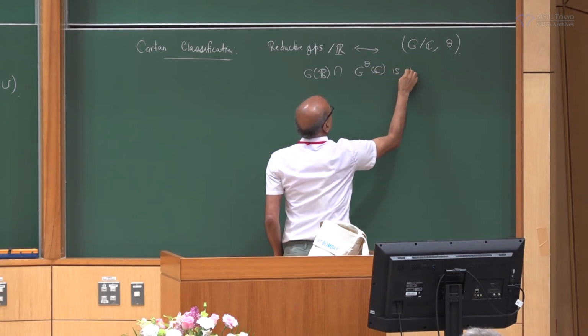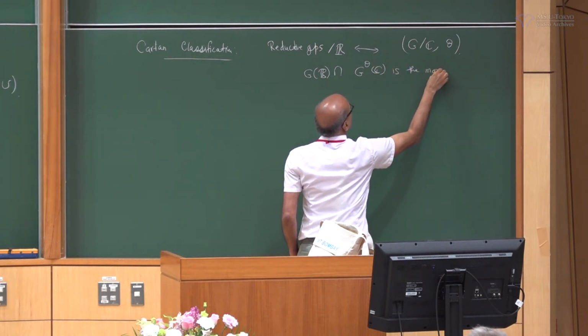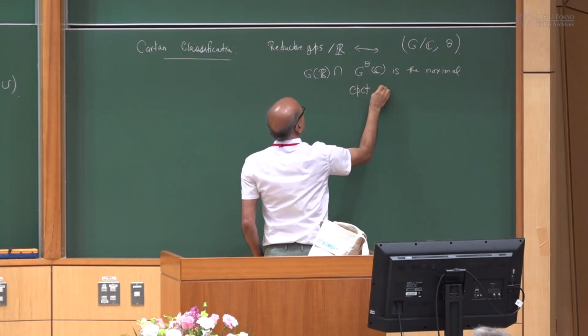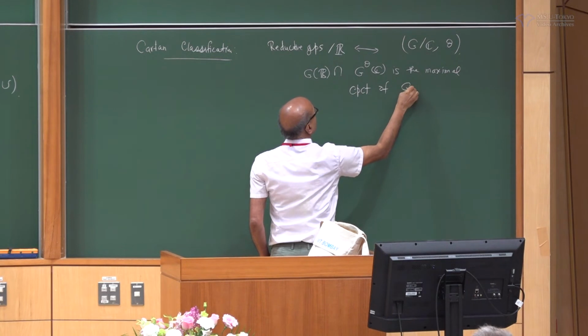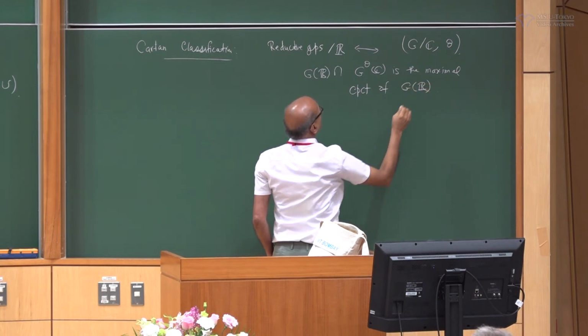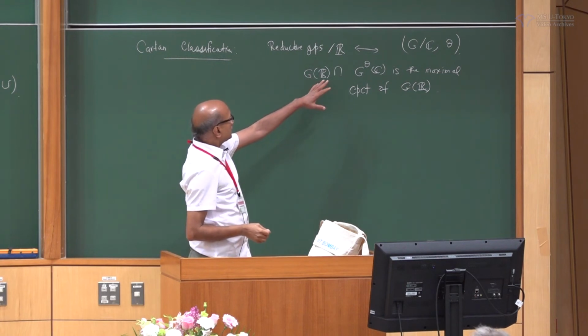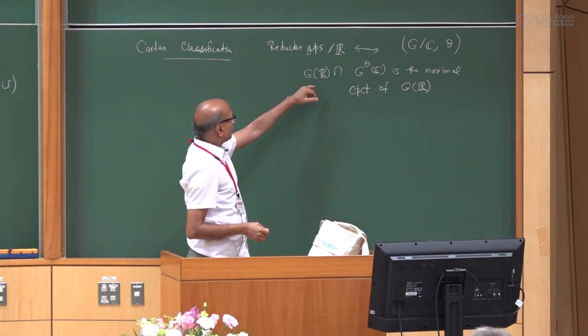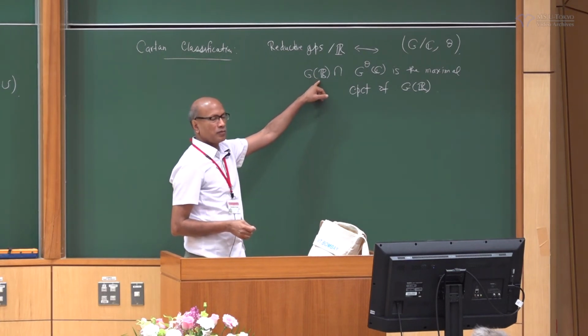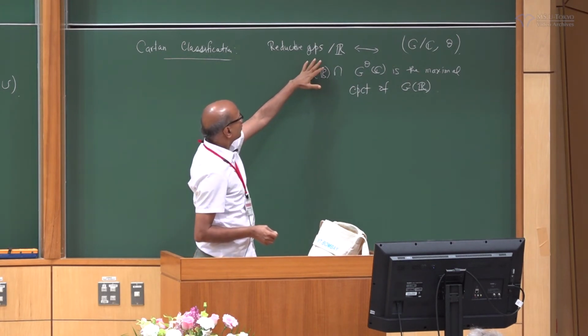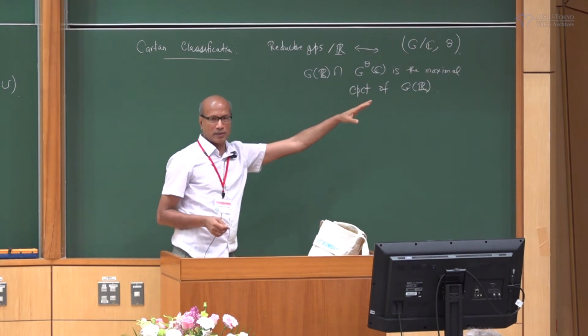is the maximal compact of G_R. I should maybe more simply say that G_R is a real form of G, and theta preserves G_R and is the Cartan involution of G_R. So there is a bijective correspondence between groups over R and (G_C, theta).